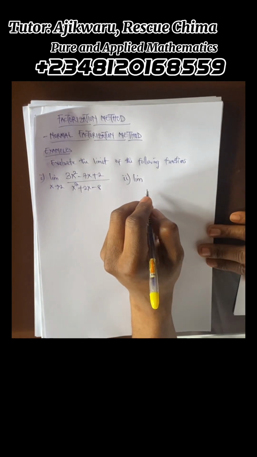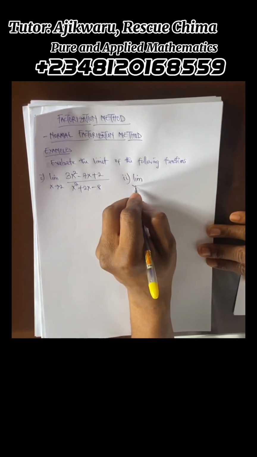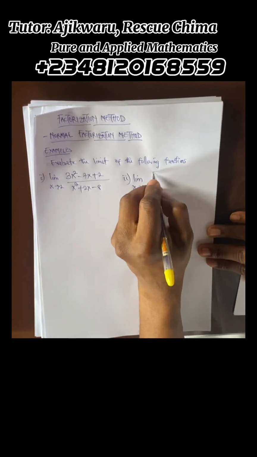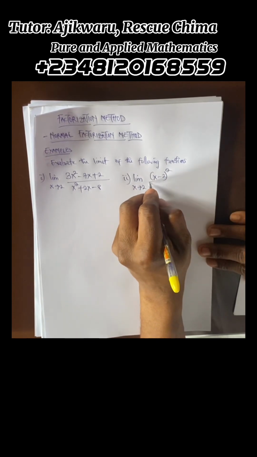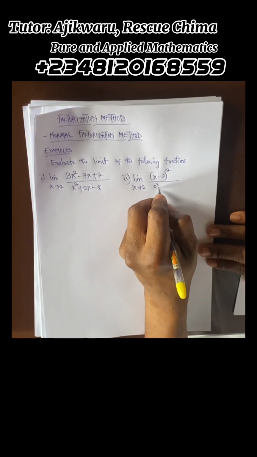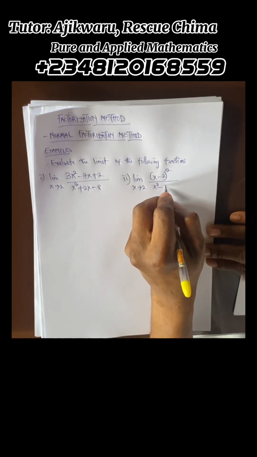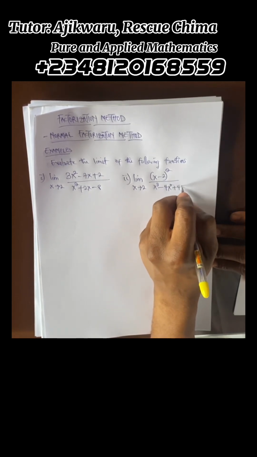Two: limit x tends to 2, x minus 2 all squared upon x cubed minus 4x squared plus 4x.